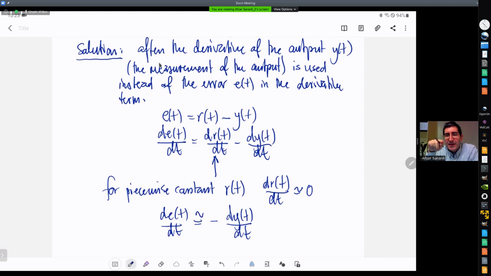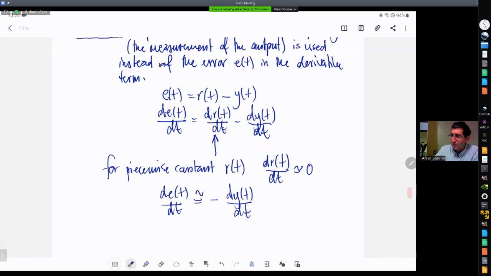The instantaneous non-zero terms are eliminated from the signal itself. So they are equal to each other almost everywhere in time, except at those very small instants of time where the reference changes.